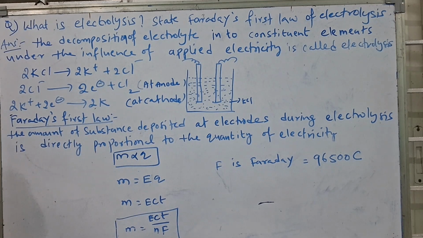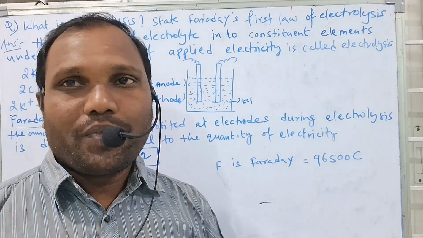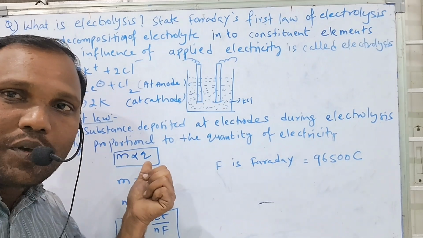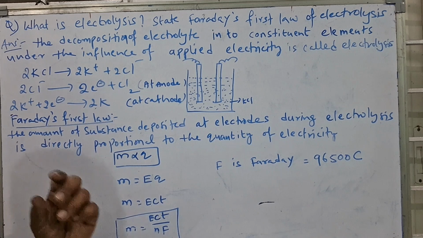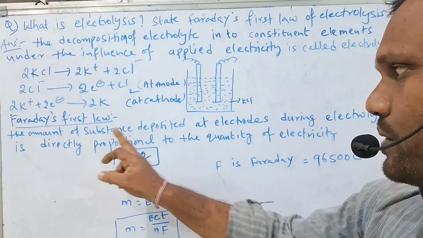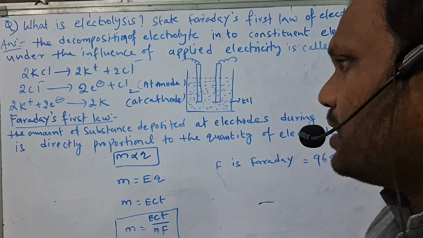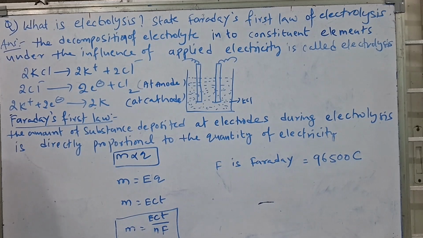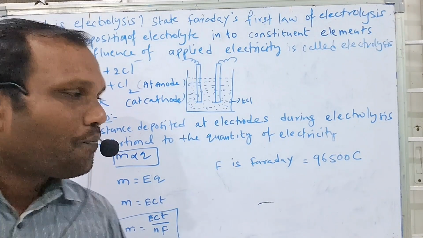Now Faraday's first law. Here is a very simple definition from the mathematical expression. M is mass, Q is what? Electricity. Okay, that's why the amount of substance deposited at electrodes during electrolysis is directly proportional to the quantity of electricity. That means, very simple.